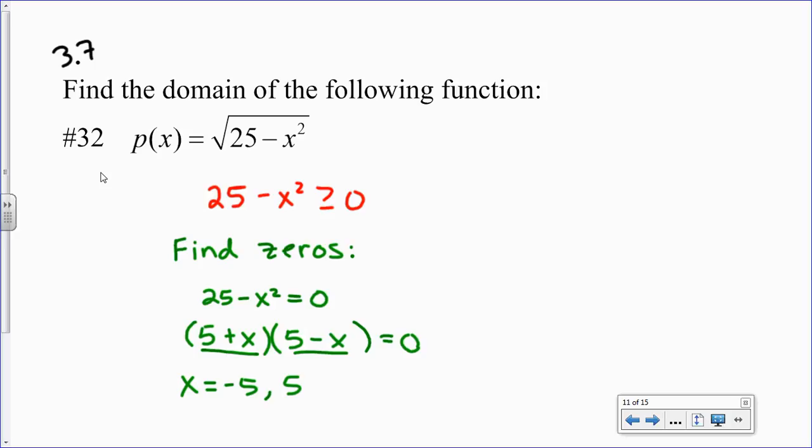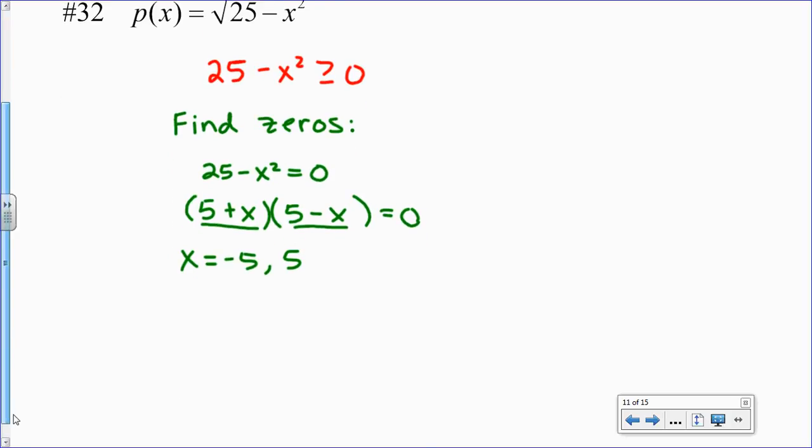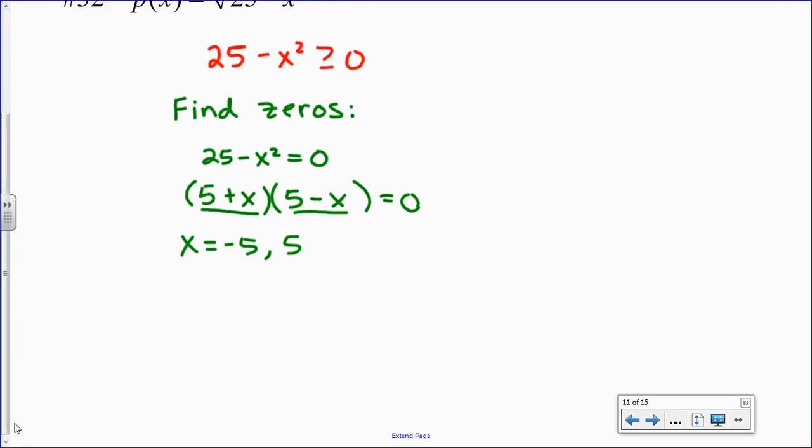Okay, so once you find the zeros, graph them on a number line. Radicals can equal 0, so this is why I have that equal to part. So I know that the circles will be closed.